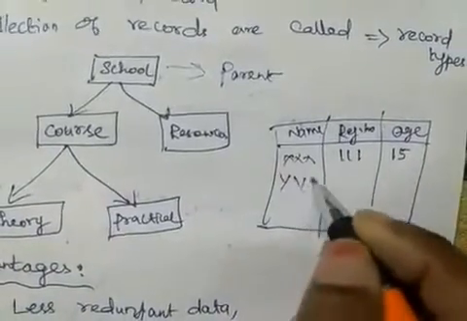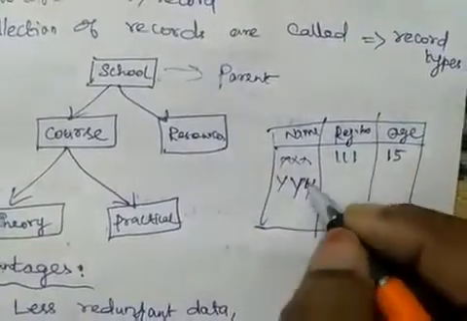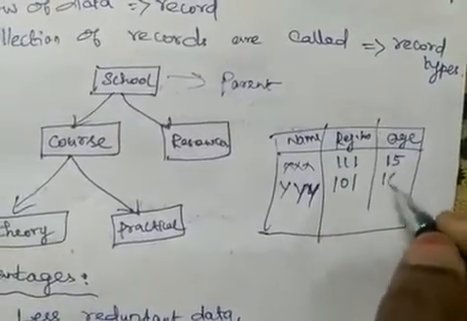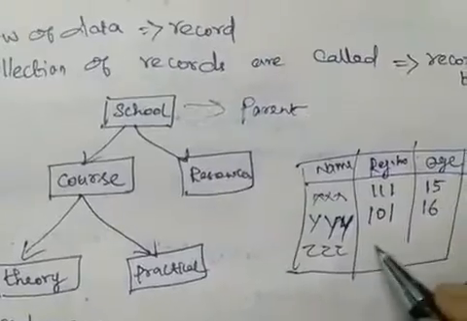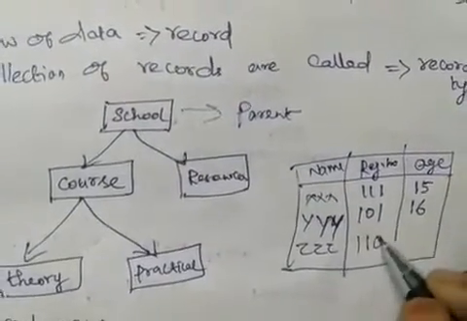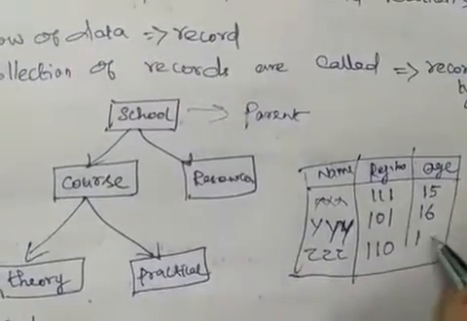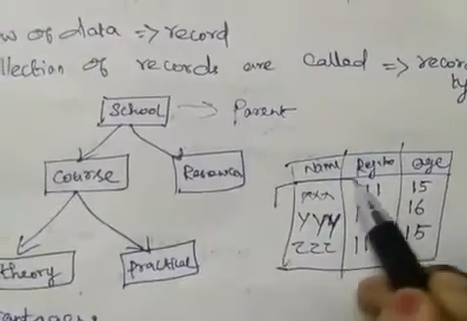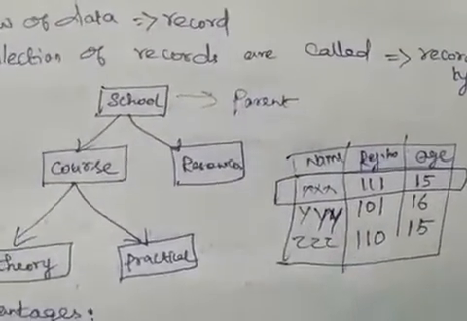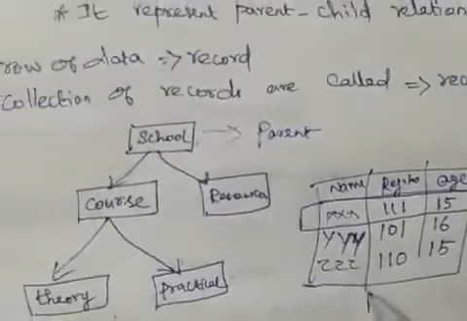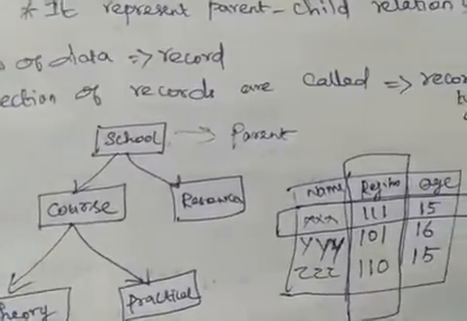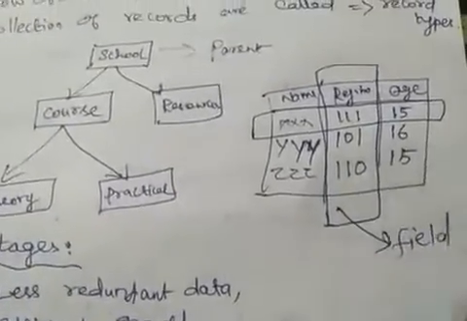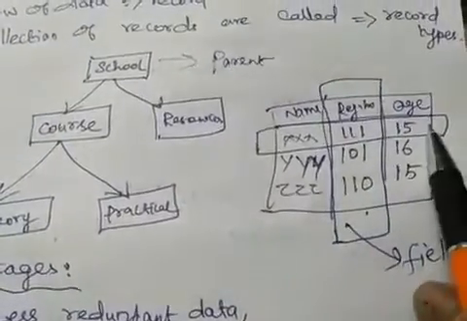Then YYY has register number 101 and age 16, and Z has 110 and age 15. Assume this is a table. Each row in a table is called a record, and each column, the vertical portion of the table, is called a field.